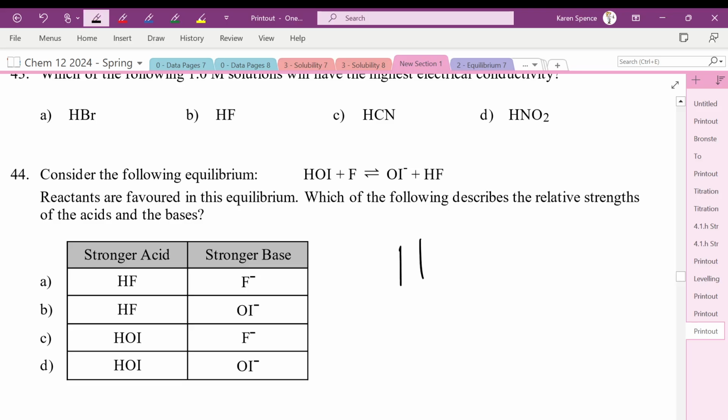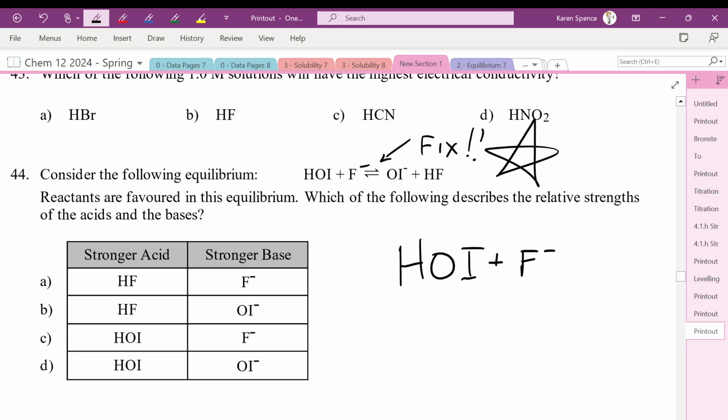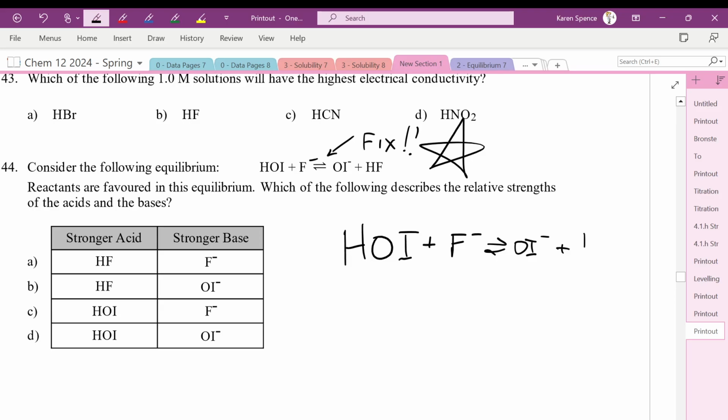Okay, we have HOI plus F minus, this should say minus, I need to fix that, in equilibrium with OI minus and HF. Which of the following describes the relative strengths of the acids and the bases?